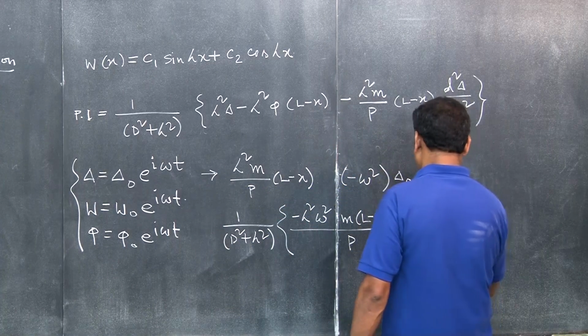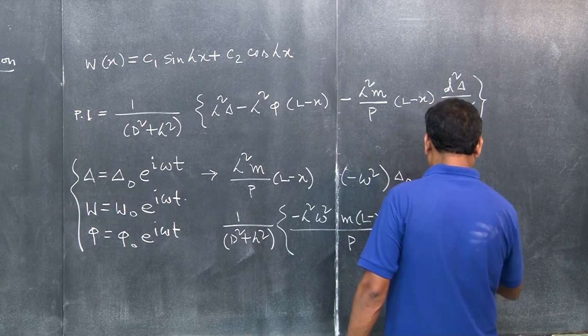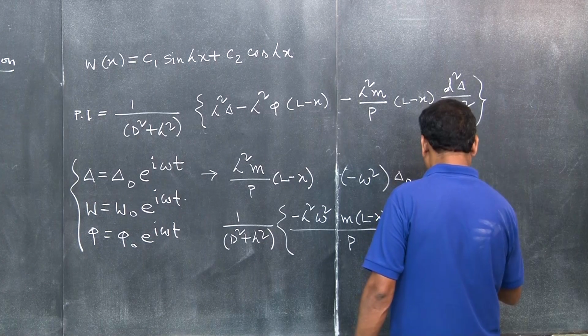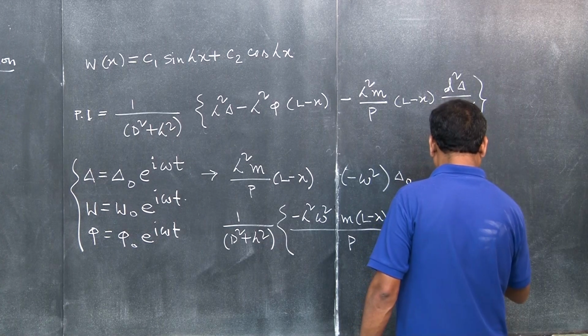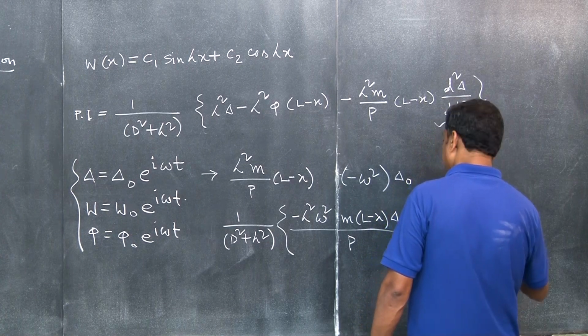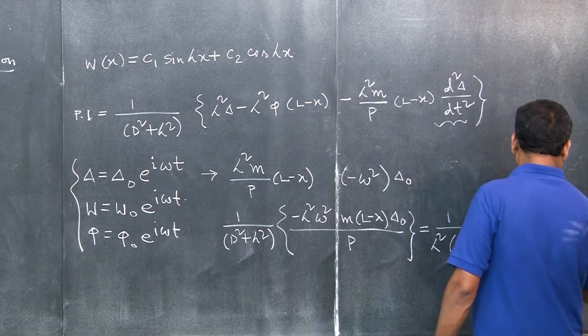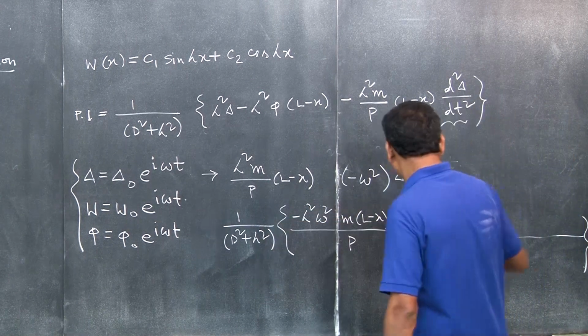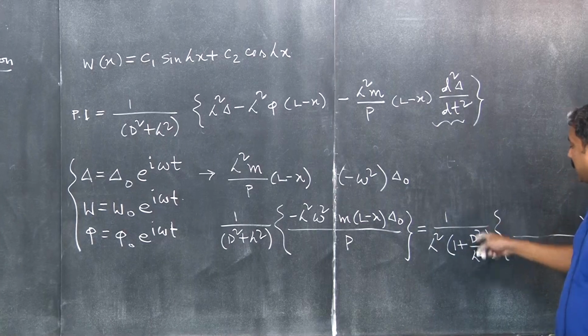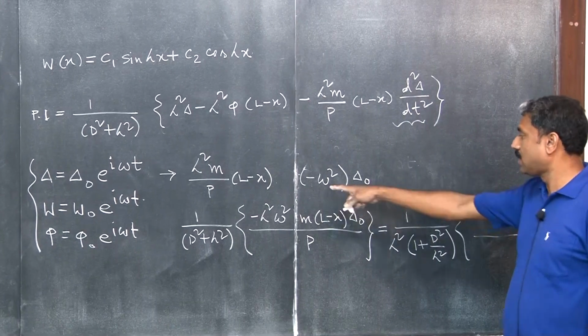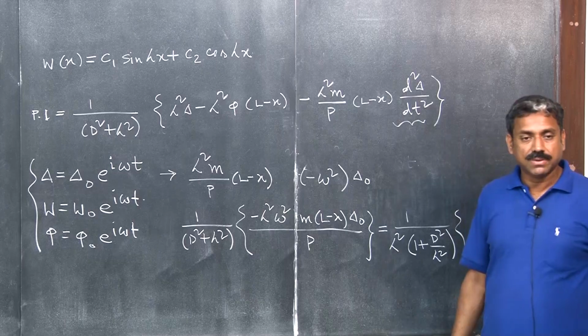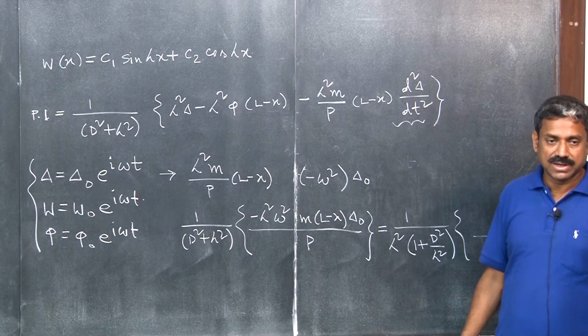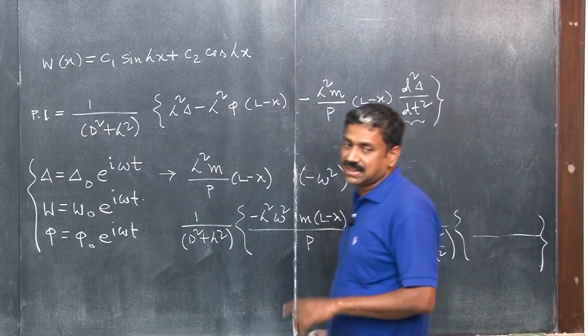You just take lambda out. So if you take lambda out, 1/lambda square times 1 plus D square/lambda square. So this lambda will cancel out, and then you basically take the inverse of that and operate on this. Ultimately this term will remain. You understand how to find the particular integral, right? So I am writing the final expression.